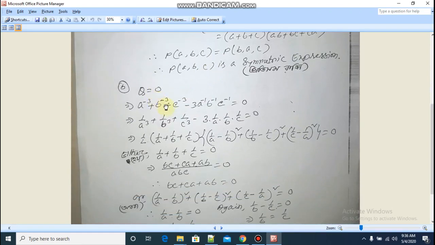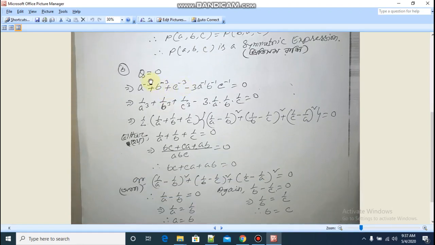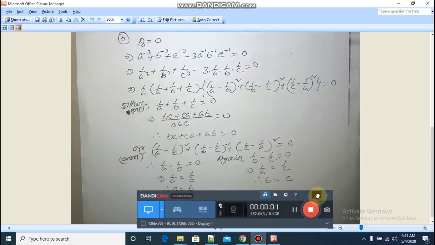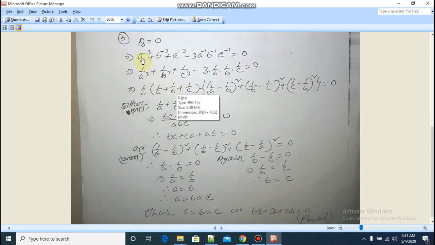Number B, Q equals 0 from the question. The value of Q is this from the question, equal 0. A to the power minus 3 equals 1 by a cube.